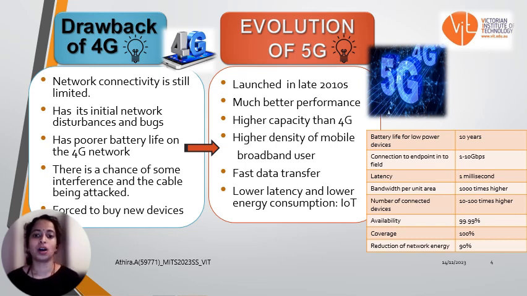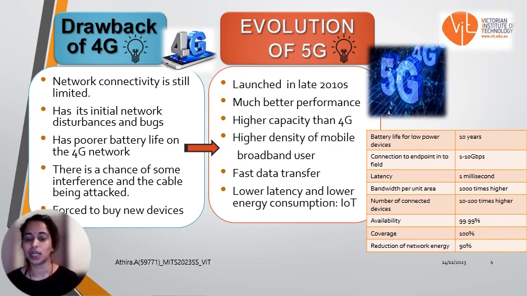When compared to the 4G wireless network, it is super advanced and has better performance, high capacity and high battery life, and data transfer is super fast with lower latency. Because of that, it can be connected to IoT type devices.